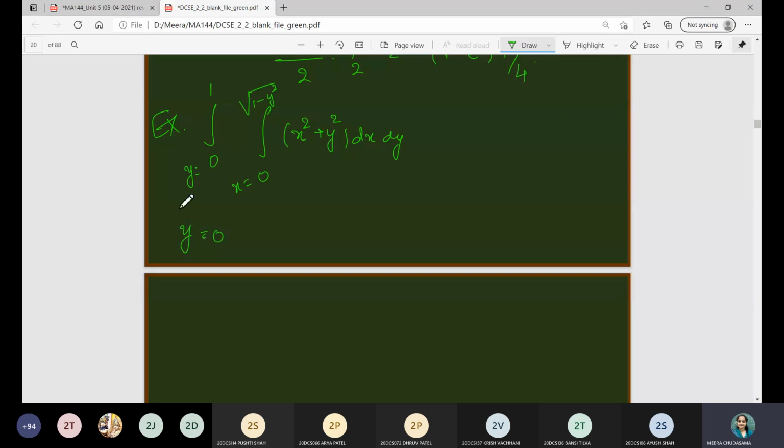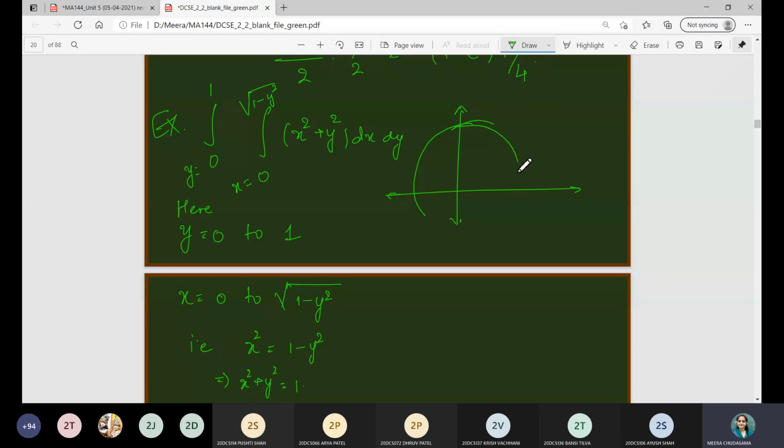So y goes from 0 to 1, and x goes from 0 to the positive square root of 1 minus y square, that is x square equals 1 minus y square, which implies x square plus y square equals 1. This represents the circle centered at origin with radius 1. So it will be this entire circle, but I will not draw it.